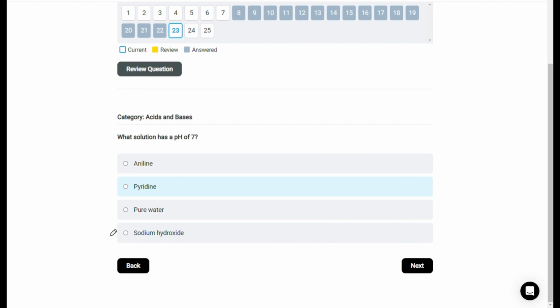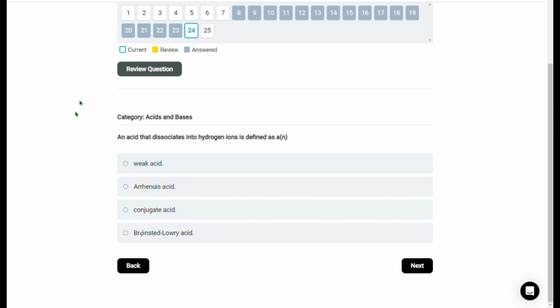And if you know some basic chemicals, you can probably tell sodium hydroxide, and that's really basic. Pyridine is also a base. You can think of that in terms of biology, looking at pyridine bases. But really the correct answer here would be pure water. We can think of pure water, that's something that we can drink. It's not acidic, it's not basic. It is simply neutral.